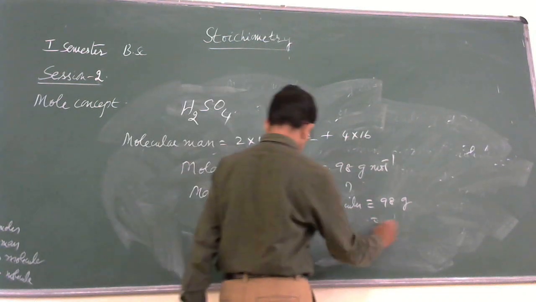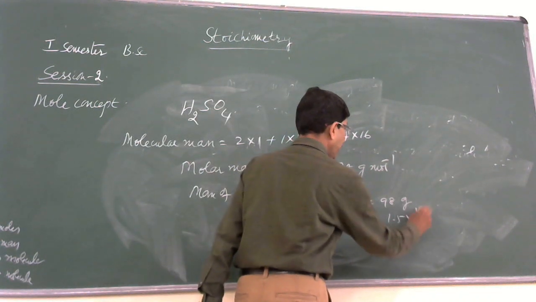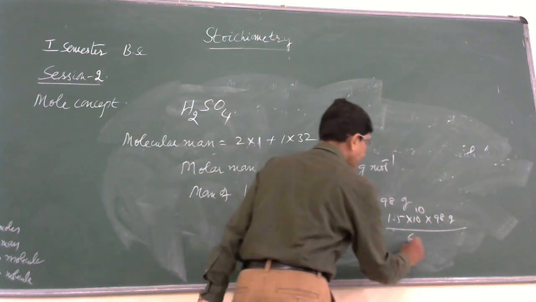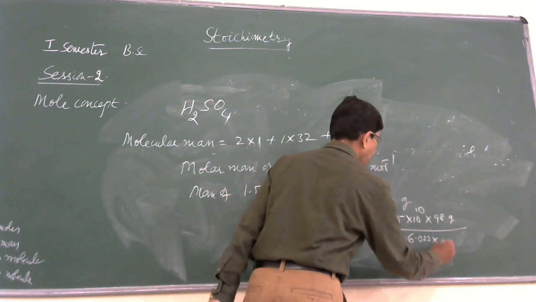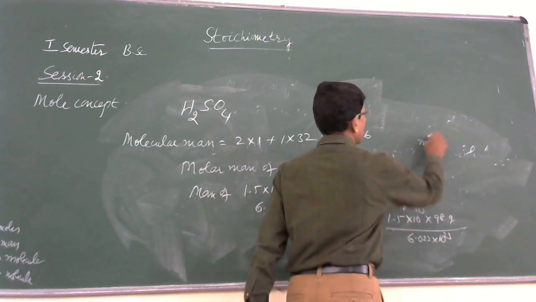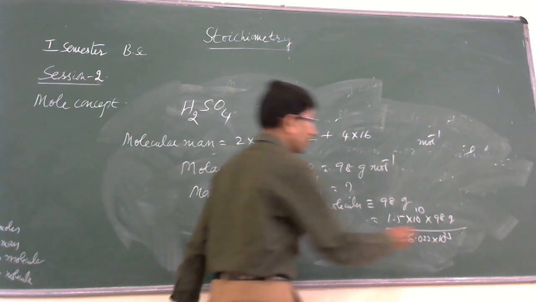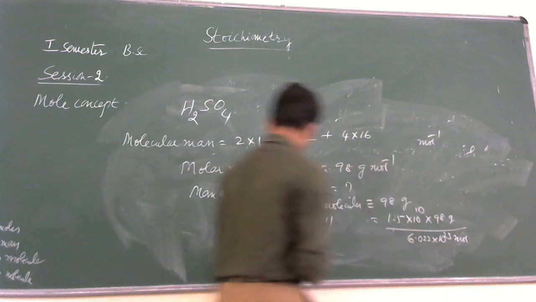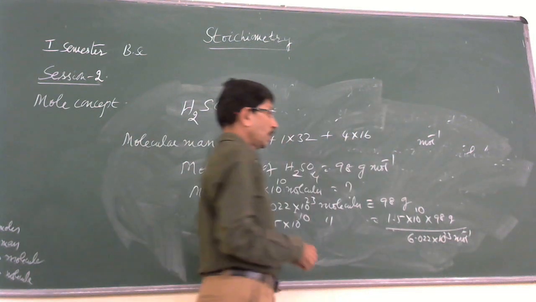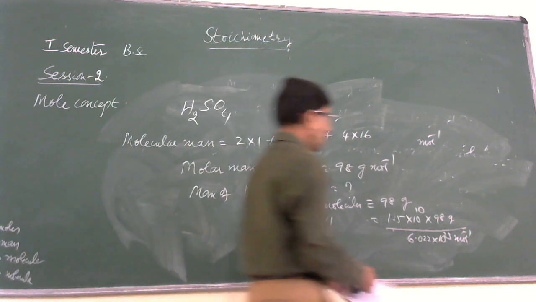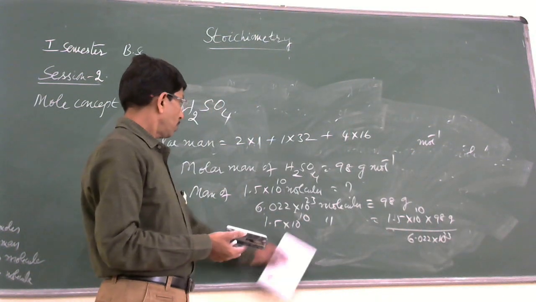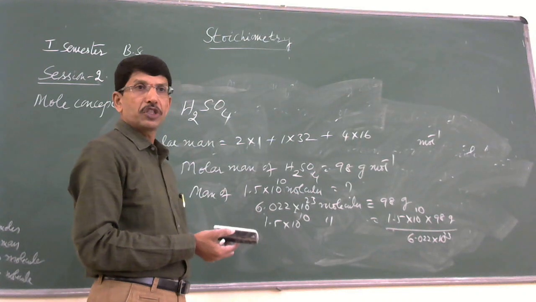This would be equal to 1.5 into 10 to the power 10 into 98 grams divided by 6.022 into 10 to the power 23. Avogadro's number is per mole, 6.022 into 10 to the power 23 per mole. So when you simplify this, you get the mass.